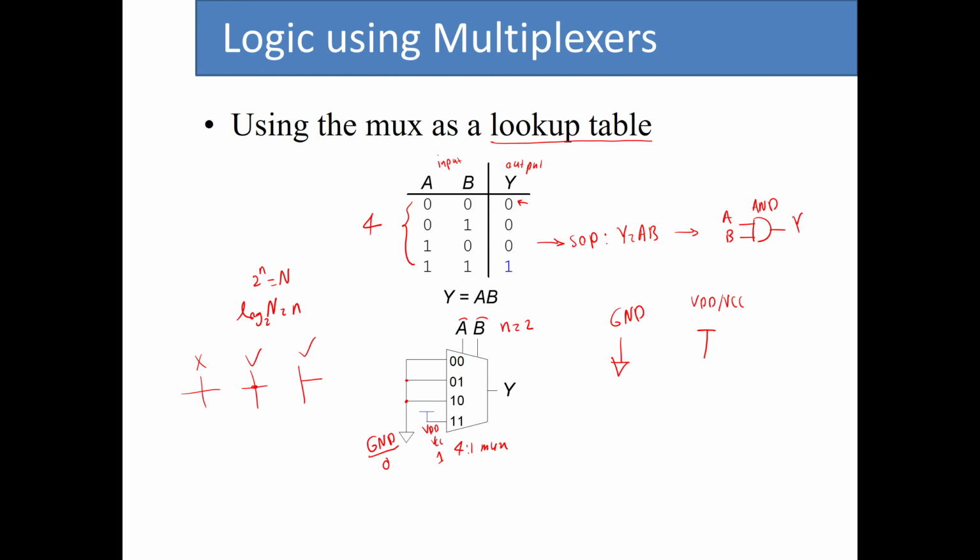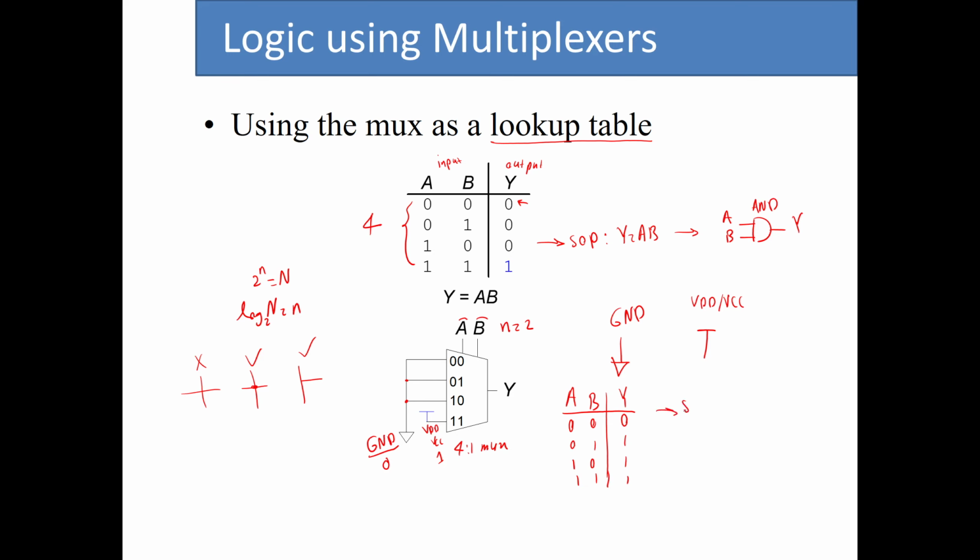So let's say you want to implement a 2-input OR gate. So A, B, and then Y: 0, 0, 0, 1, 1, 0, and 1, 1. For the OR gate, if you remember, when both inputs were 0, the output was 0. But for the rest of the truth table, the output was 1.